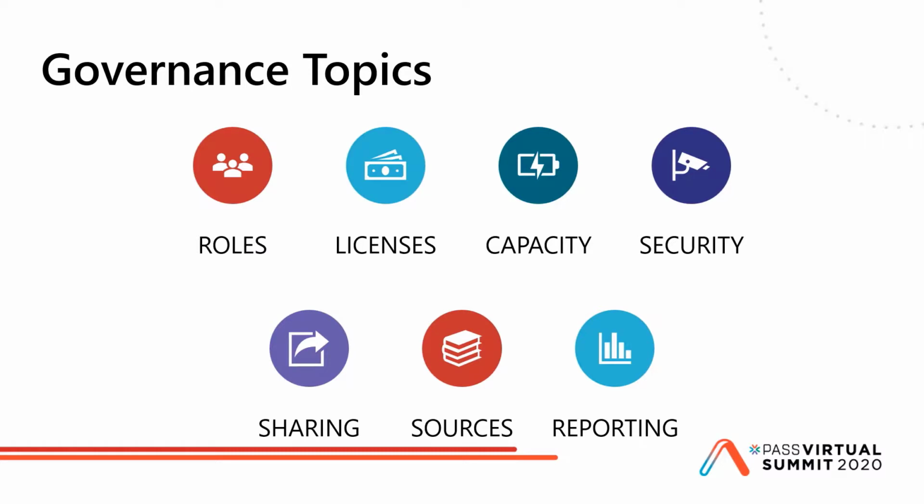Well, I've broken this down into 7 components. We have roles and training, licensing, capacity, security, sharing, sources, and reporting. So how do you give out licenses, premium capacity rules and decisions? How is data secured and how is access granted, such as using Microsoft 365 groups, for instance?